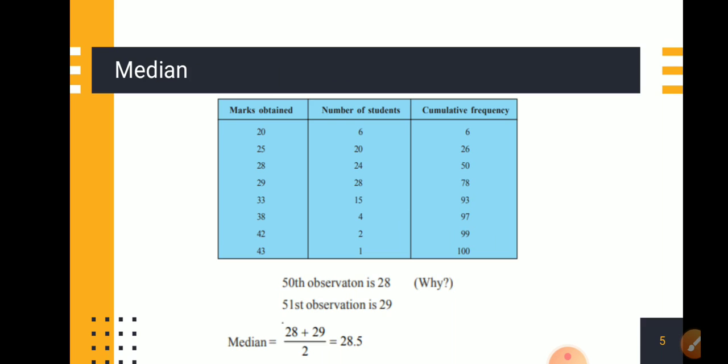So if you look straight from 78 to the marks obtained column, the 51st observation is 29. The median is 28 plus 29 divided by 2, which is 28.5.